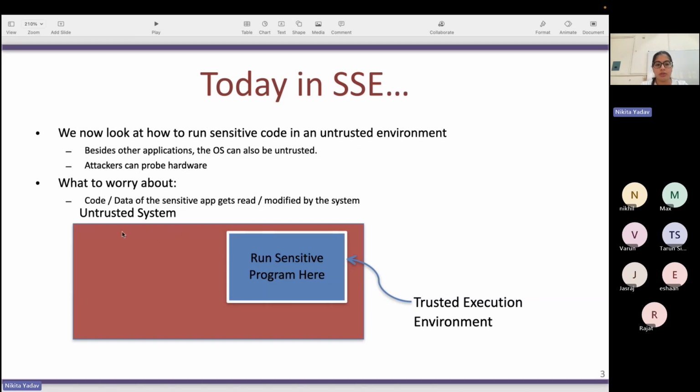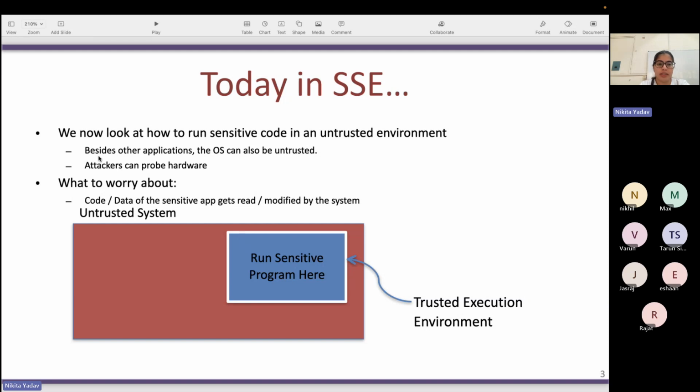So now you do not trust this system. That is one setting, but this is also applicable even when you have your own machine, like your phone or your mobile. So here we look at how to run sensitive code inside an untrusted environment.